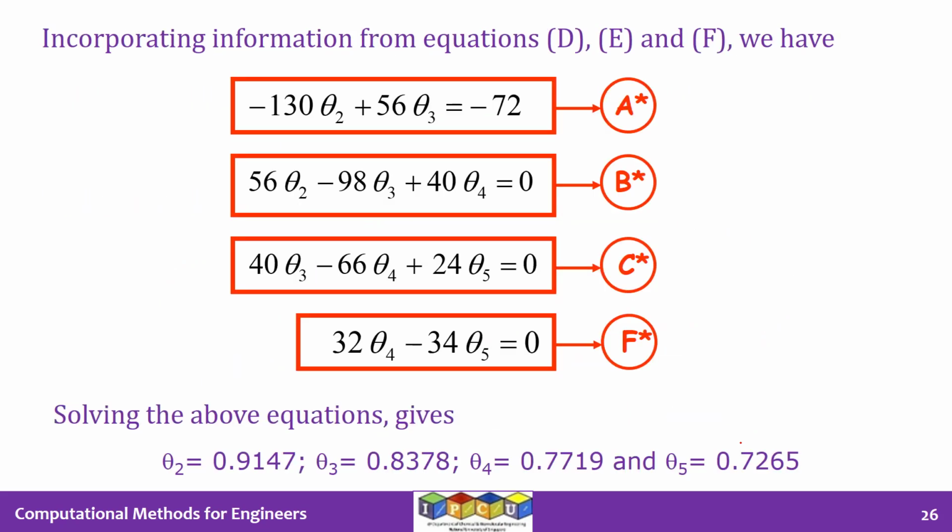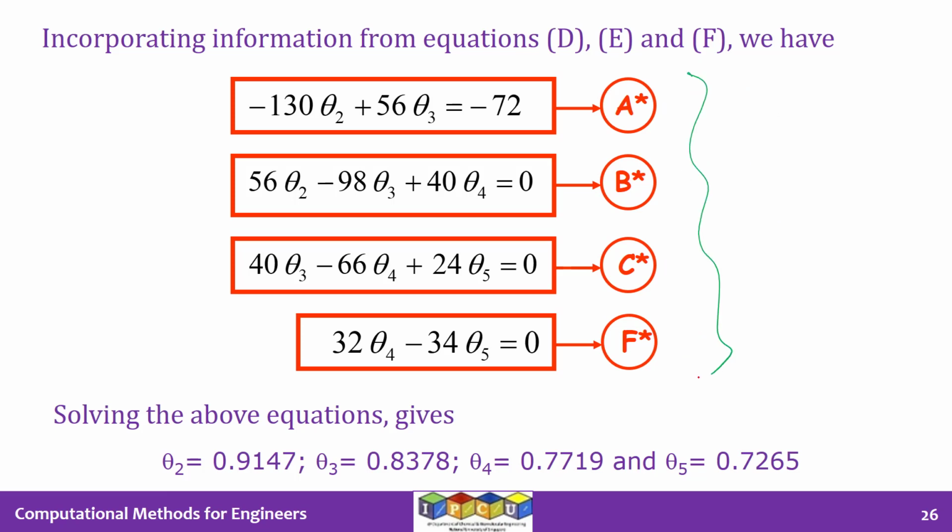So we are going to look at equations A, B, C, and F. I have put a star in these equations to say that we have incorporated other information than when we originally created those equations. For example, theta 1 equal to 1 has been incorporated in equation A to get A star. And theta 6 equal to theta 4 has been incorporated. So we now have 4 equations in 4 unknowns.